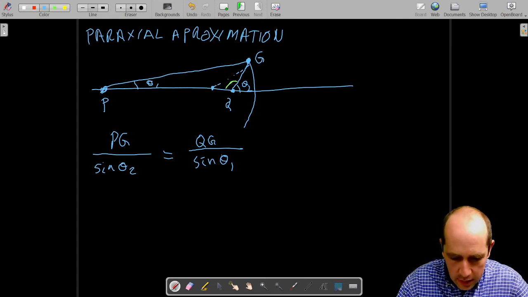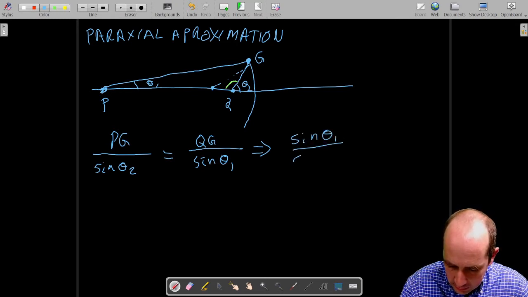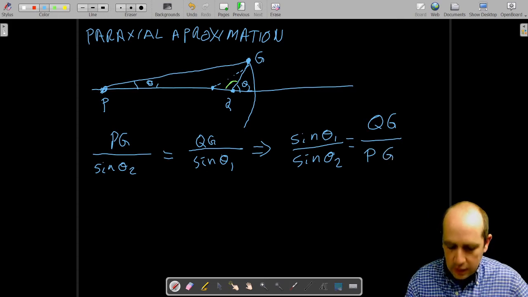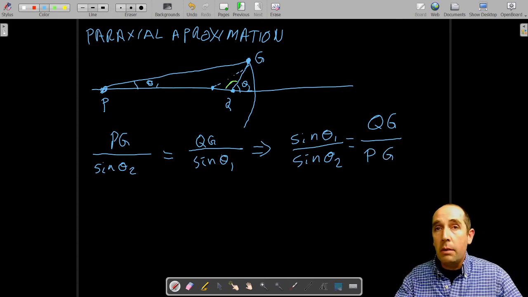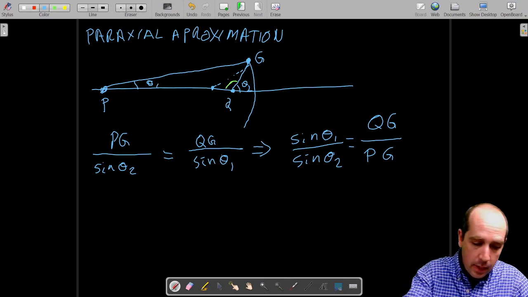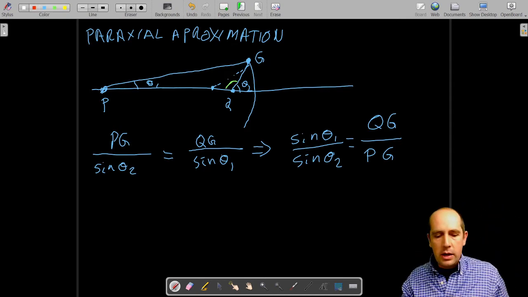On the other hand, from here we get sine of theta 1 divided by sine of theta 2 will be equal to QG divided by PG. And here's where we will apply the paraxial approximation. So we will only look at rays that come very, very close to the optical axis.